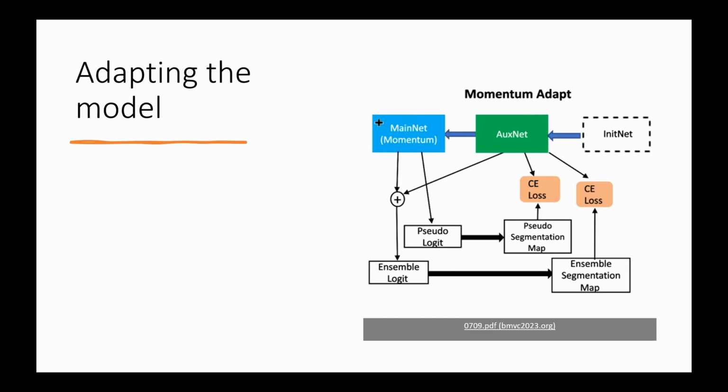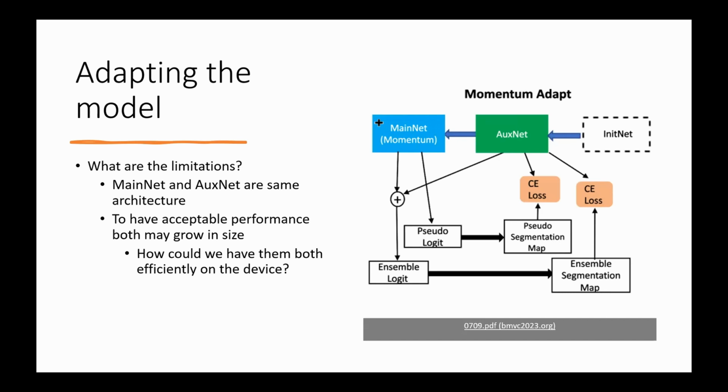So in this momentum adapt, the mainnet and AUXnet have to follow the same architecture in order to allow the fusion of the weights from one to the other. It's basically exponential averaging over the weights. I hope that this has answered the question that came through.